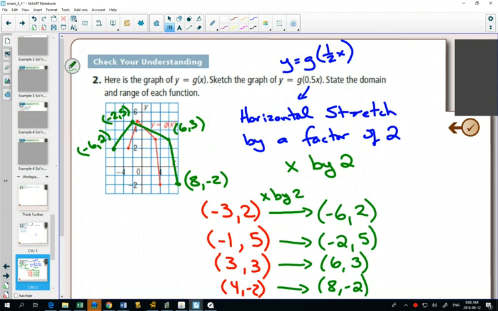State the domain and range of each one, and this time I will use interval notation. So for the domain, I think, what's my smallest x value? My smallest x value is negative 3, and it's included. And my largest x value is 4, and it's included. For my range, my smallest y value is negative 2, and my largest y value is 5.